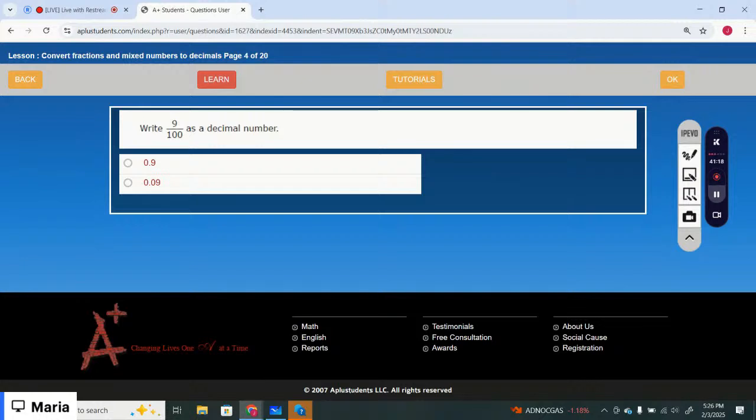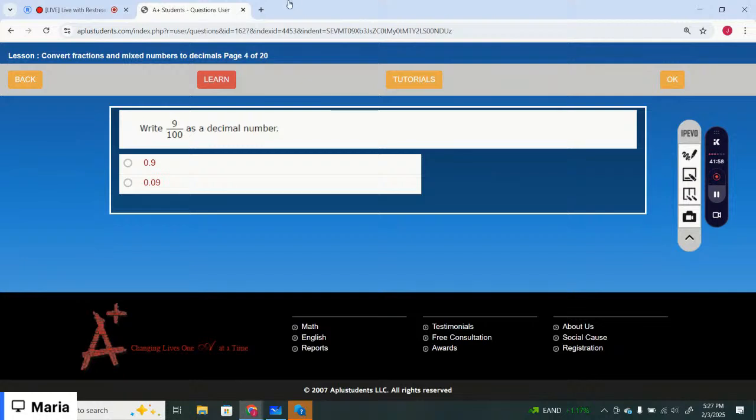Write 9 over 100 as a decimal number. That is 9 over 100.